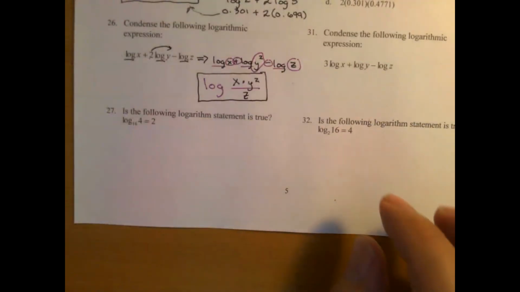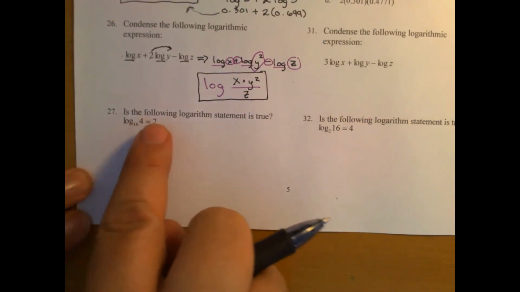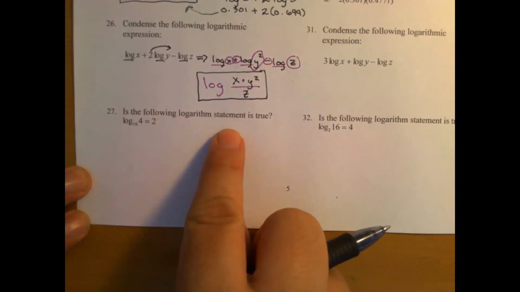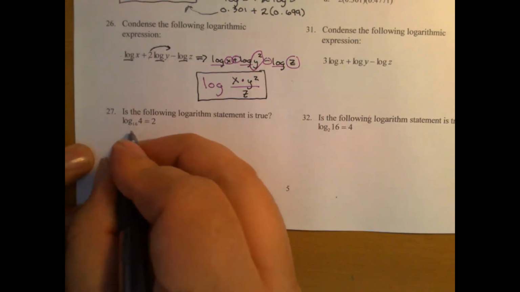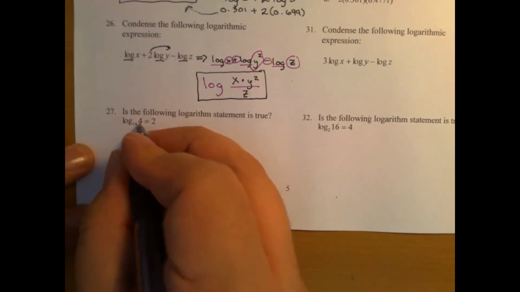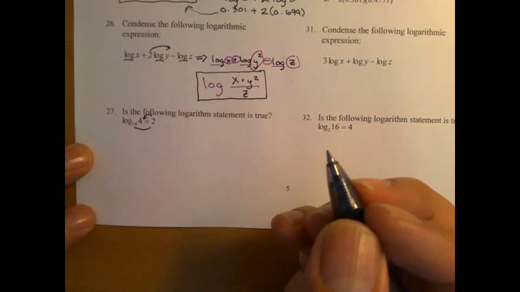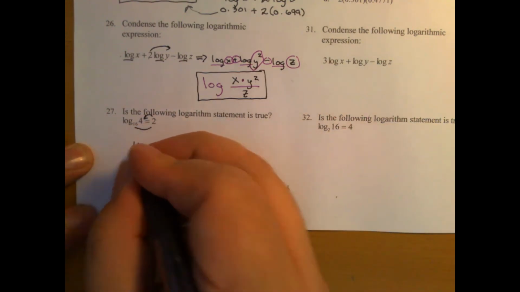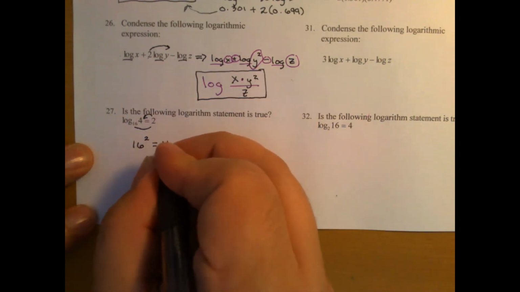And so for our last problem, before you attack these last few you do questions, it says, is the following logarithm statement true? Well, let's find out. So it says log base 16 of 4 is equal to 2. Well, there's only one way to find out. Let's turn it into an exponential. So it says 16 to the power of 2 is equal to 4.